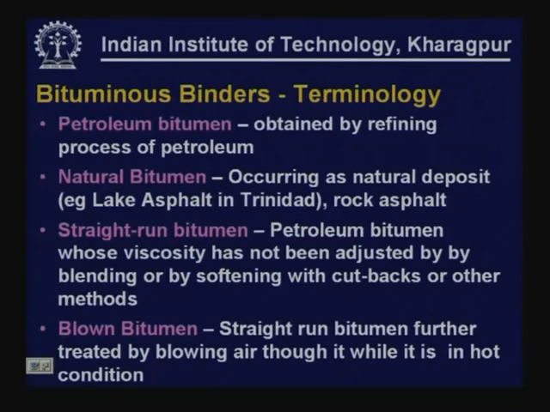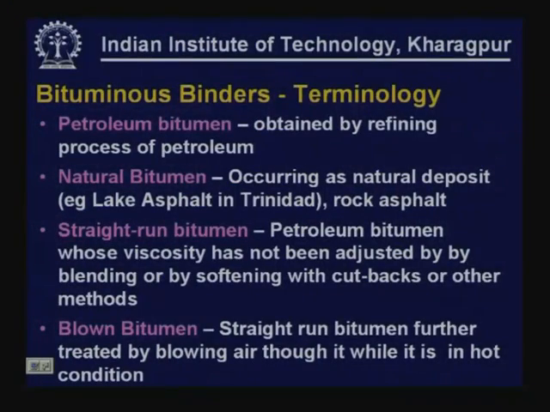So, this is the bitumen that comes straight out of the refinery, the byproduct after refining the petroleum, whose viscosity has not been adjusted by adding any solvent or any other material. Blown bitumen is a straight run bitumen which is further treated by blowing air through it when the bitumen is in hot condition. The bitumen which results out of this process is called blown bitumen.